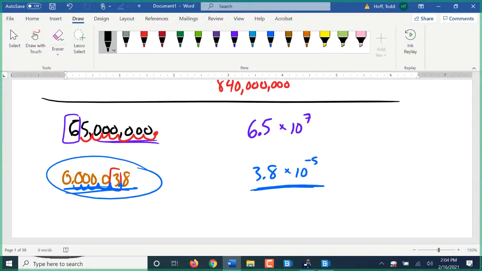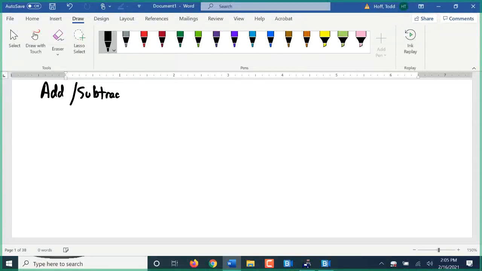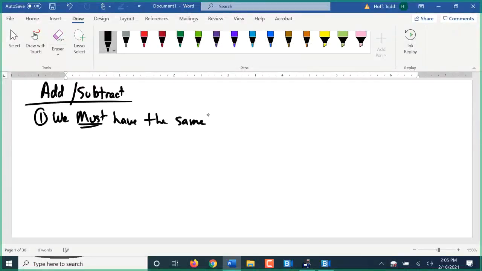So today's purpose should be kind of short and simple for us, which is to do operations with our numbers in scientific notation. If you remember, when we add or subtract, first of all, we must have the same name. In fractions, that was the common denominator.